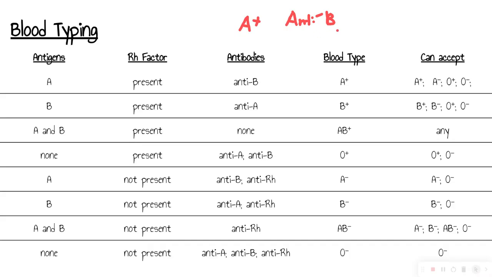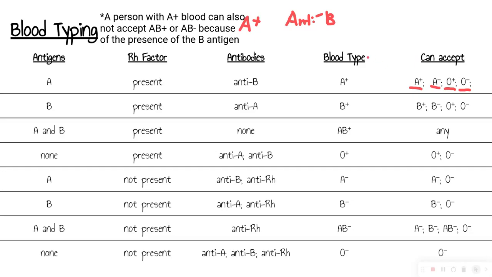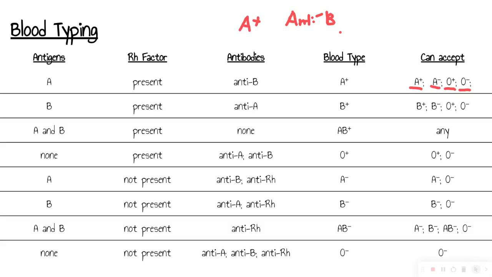So the only type of blood that we are going to be attacking is any type B, so B positive or B negative. Type A positive can accept A positive, A negative, O negative, or O positive and O negative. The only types we can't accept are B positive and B negative because those anti-B antibodies would attack those B antigens and would destroy those invading cells.